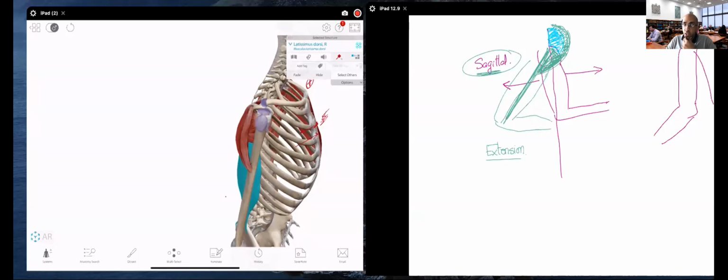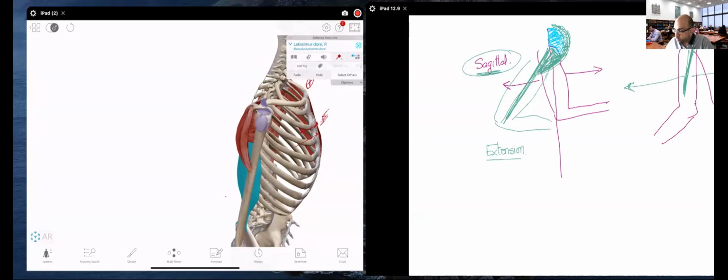How about adduction and abduction? Here, I'm not moving along the sagittal plane, I am moving along the frontal plane. In other words, I'm not moving forward and backwards, I'm moving to the sides.